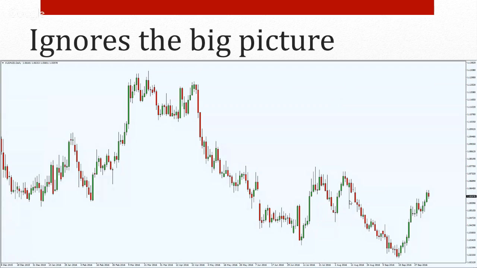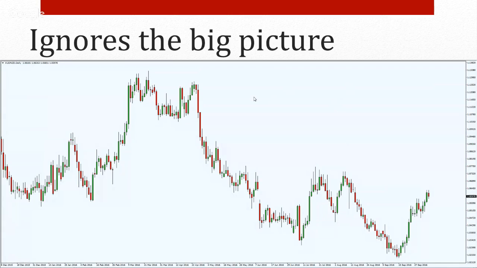But one thing is that you don't want to just judge whether the market is bullish based on a single candlestick pattern. The best way to do so is to look at the big picture. Look at the trend. What is the trend doing? What is it telling you? That would give you a more predictive, I would say a higher probability way of determining what is likely to happen next.